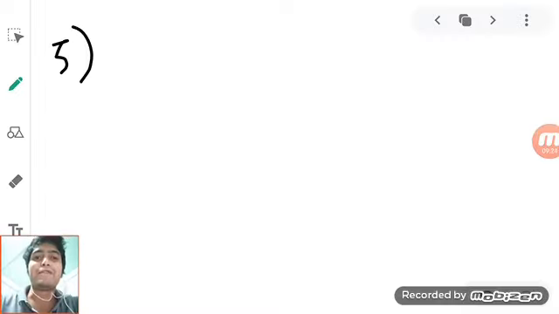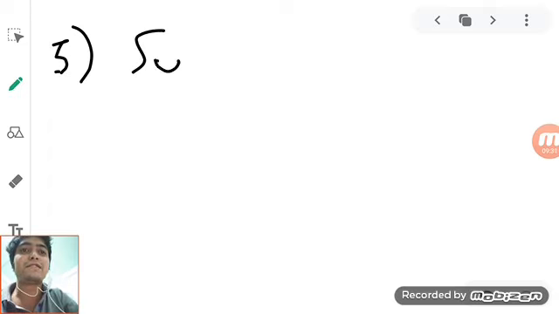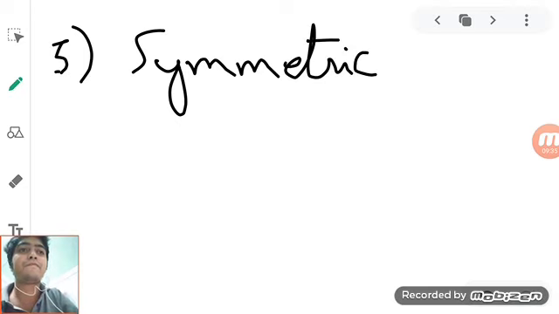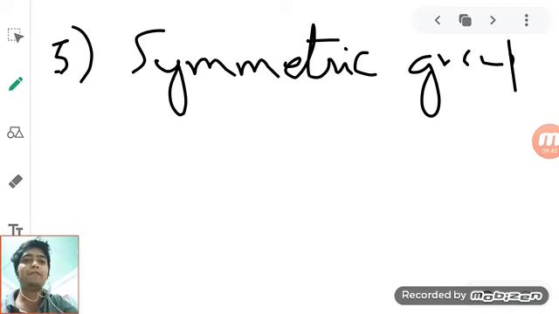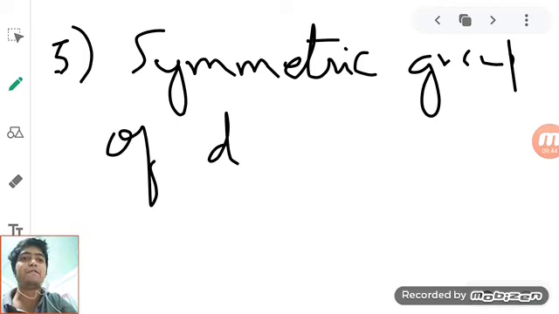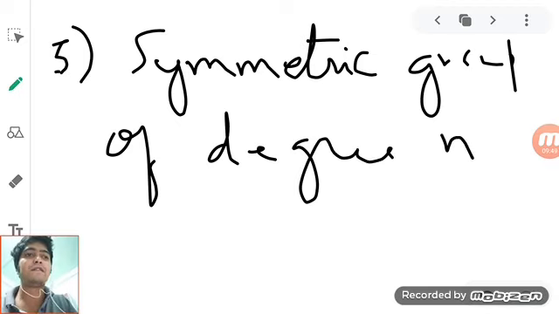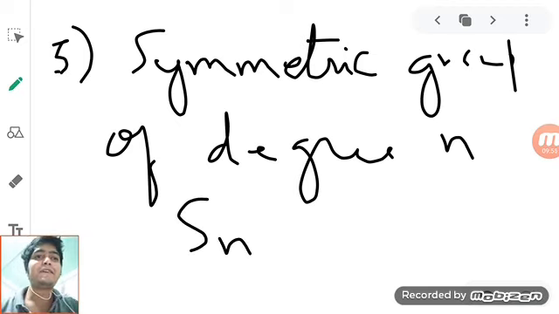It will take some time to explain, but the name of the group is symmetric group of degree n. Over here we usually denote it by Sn. So once you see Sn, it is symmetric group of degree n.